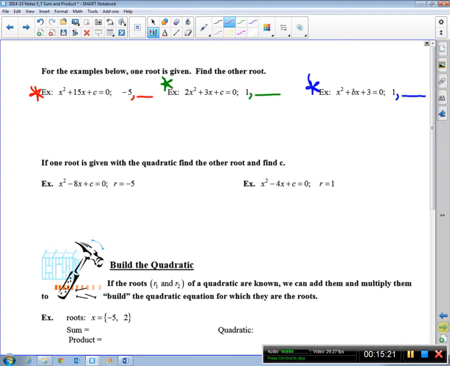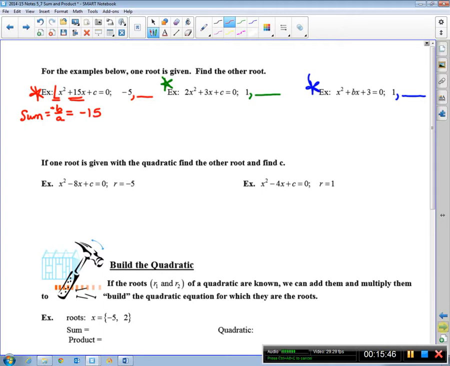The only pieces of information I have are 15 and 1. The product part is missing. So what I do know here is that the sum of my roots, if it's going to be negative b over a, is that the sum of my roots should be negative 15.